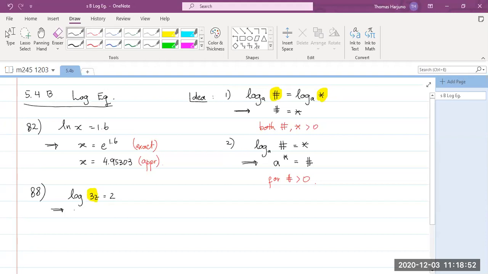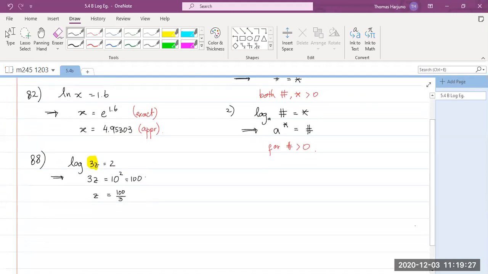If you don't see the base, that's base 10. So 3z equals 10 squared, which is 100, right? So z equals 100 over 3. Now, if your answer is a fraction, you can just leave it like that. You can make it decimal after this, but don't go to decimal without writing the exact form first. Now that's for number 88.